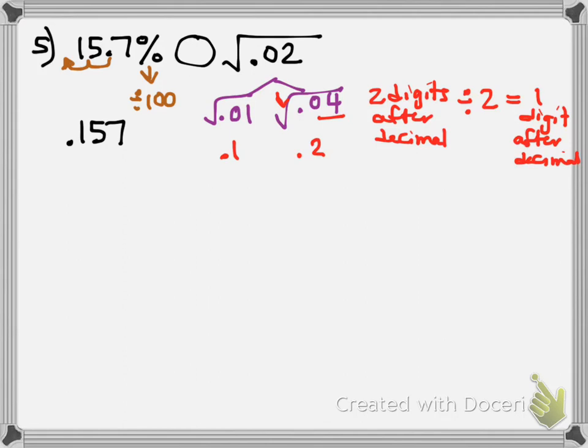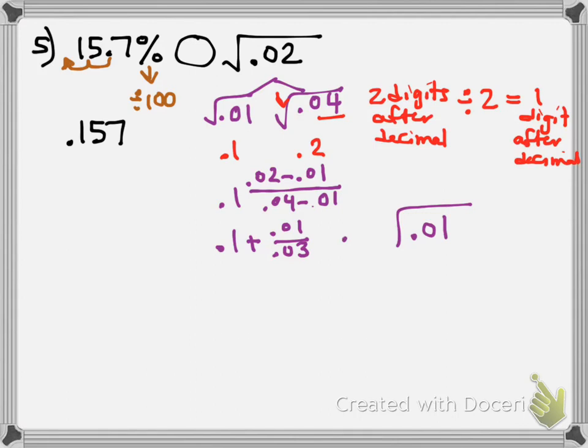Okay. Now we create our little fraction here, and this is where it gets a little strange. So we have 0.1, and we could use estimation with this one as well. We're going to create a fraction, which is going to be 0.02 minus 0.01 over 0.04 minus 0.01. So I have 0.1 plus 0.01 divided by 0.03. So off to the side, I do my long division.